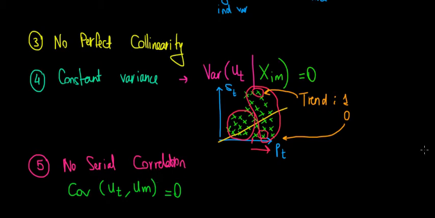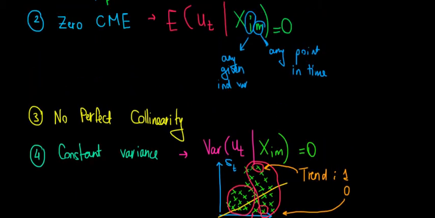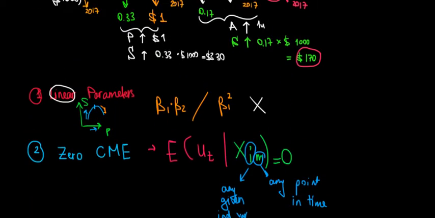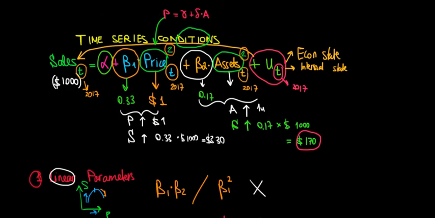And again, what this is telling us is that the variables in the model are independent from each other across time. So to have a look over here, the price in 2017 is independent from the price in 2016. So we cannot say that if price goes up in 2017, it's going to go up in 2018, and then it's going to go up in 2019. Because by definition, that means that the prices are dependent among each other across time. And if that is the case, notice what's going to happen to the regression.